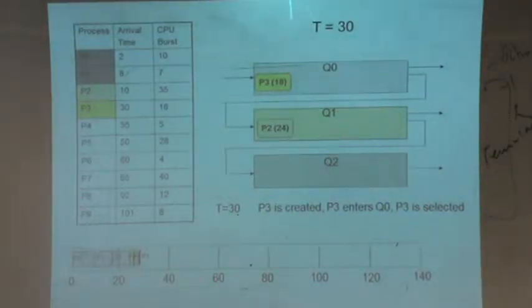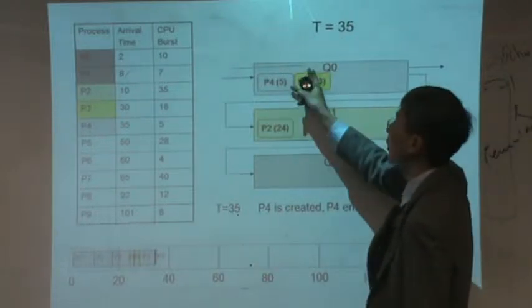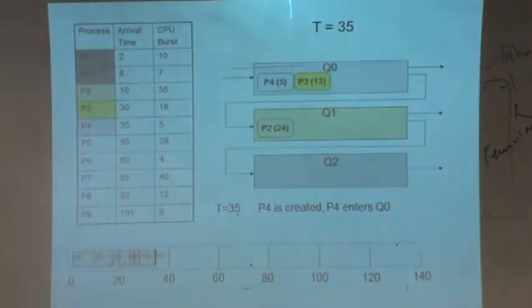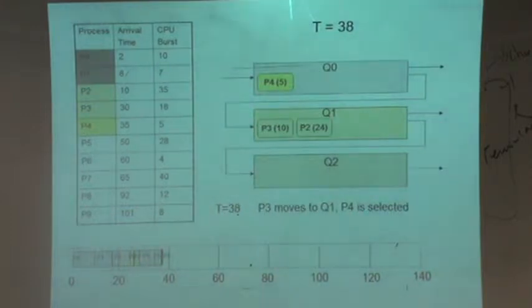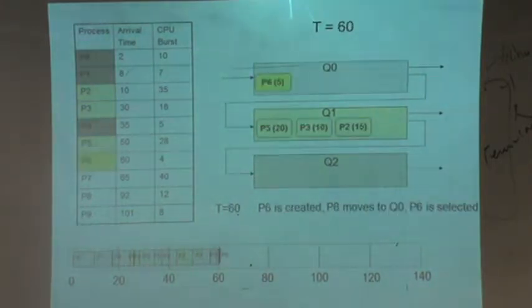Q0 will be executed, because it has the highest priority. You can see the 18 will be at 35, but P3 will still take it, because this is still one time quantum. And so on. This is the process.